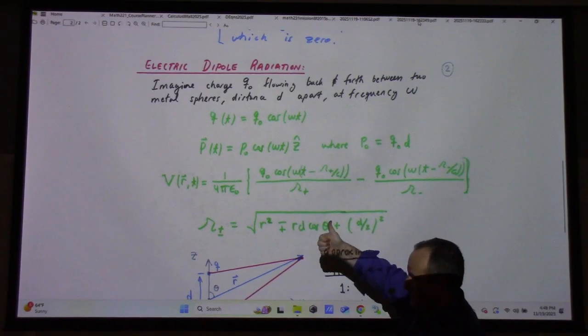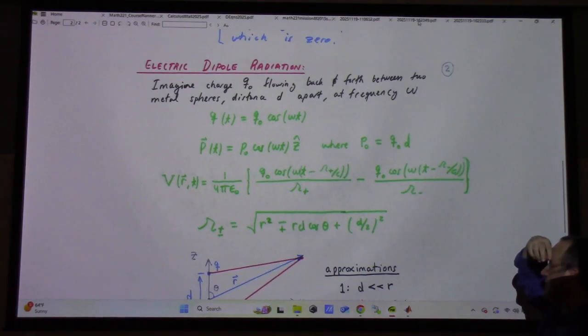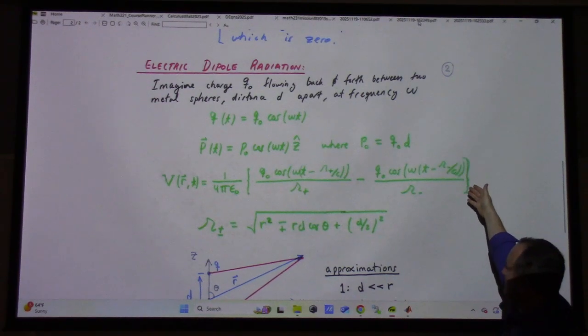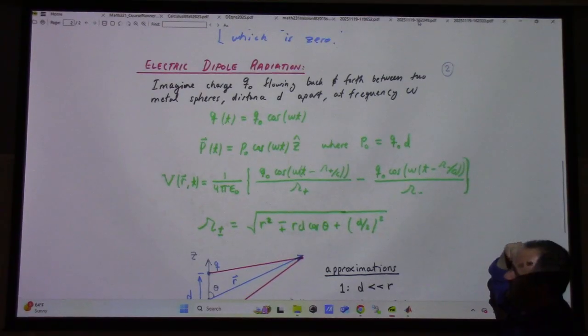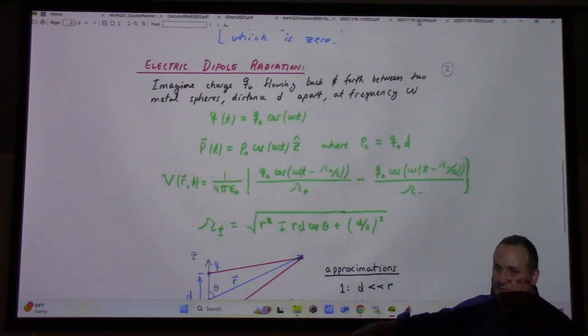It's up, down, up, down, up, down. And so p naught here is q naught d. The potential that you get from that, in terms of the retarded potential business, is this. And here the r plus and the r minus are given by this, which is from this diagram down here.